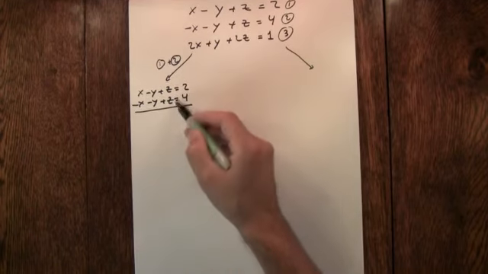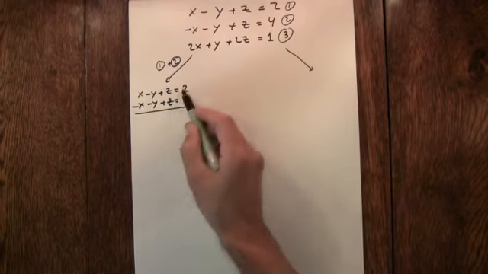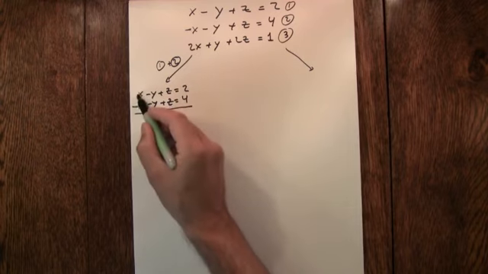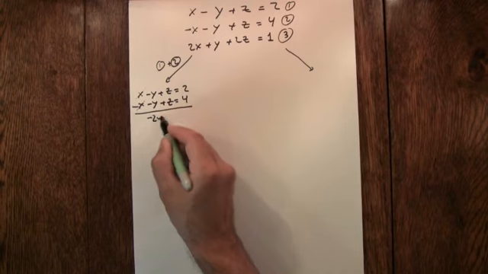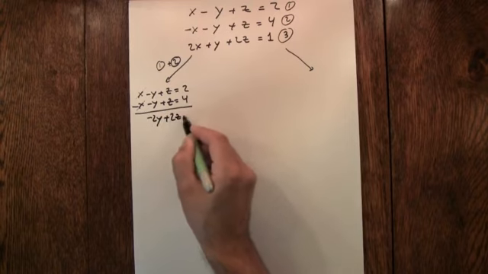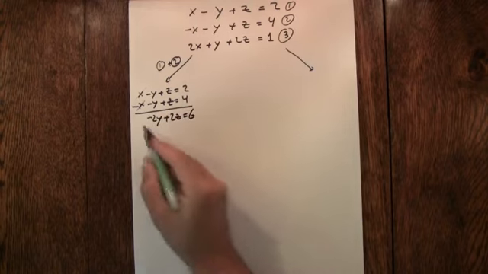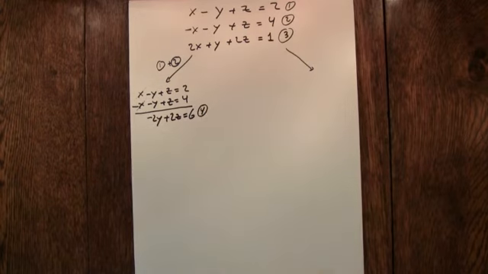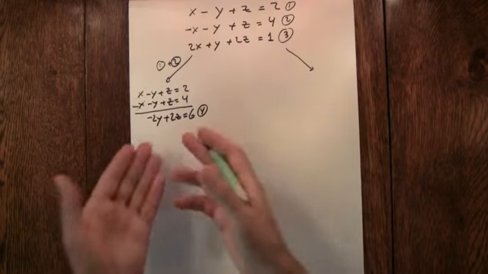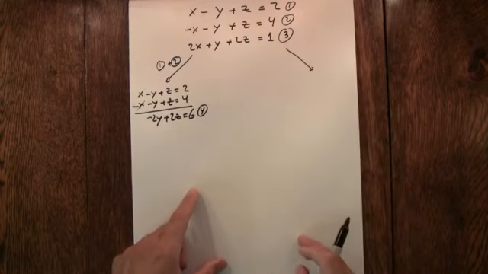Okay. So what I can do right now is add this equation with this equation, and this is going to kill this, right? So this becomes negative 2y plus 2z is equal to 6. And I'm going to number this equation 4, because it's a new equation that we derive from combining equation 1 and 2.